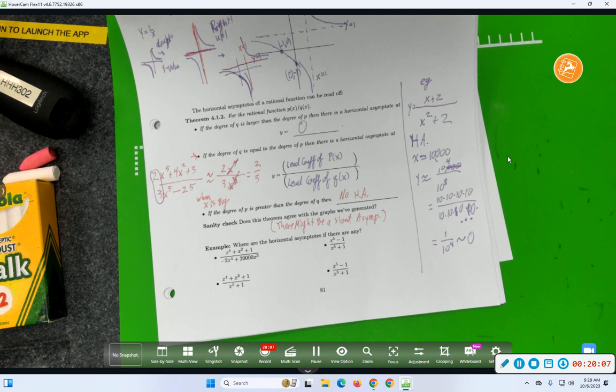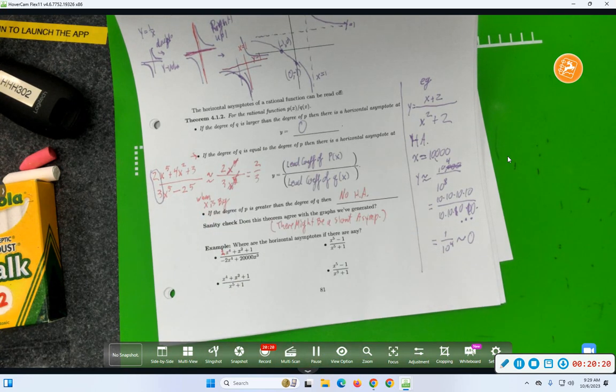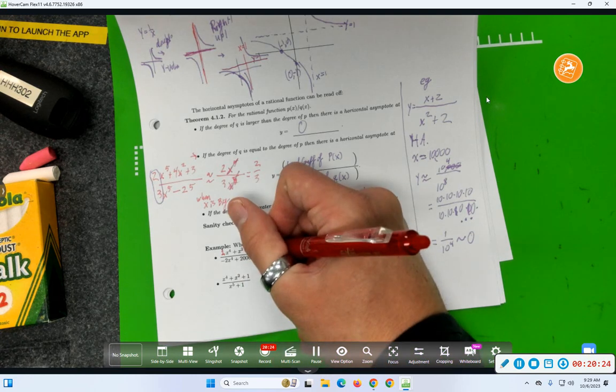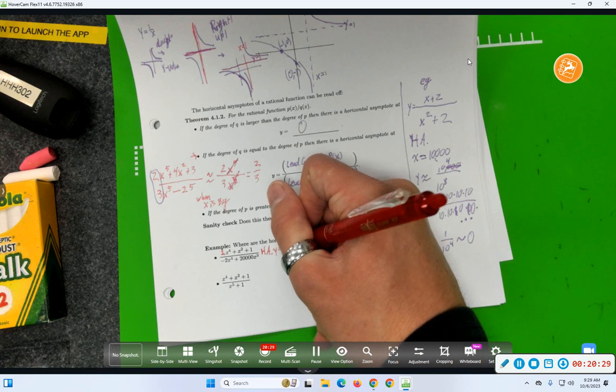The horizontal asymptote will be the lead coefficient of P divided by the lead coefficient of Q. What's the lead coefficient of P? 1, because there's a 1 right here. What's the leading coefficient of Q? So the horizontal asymptote will be at y equals 1 over negative 2.